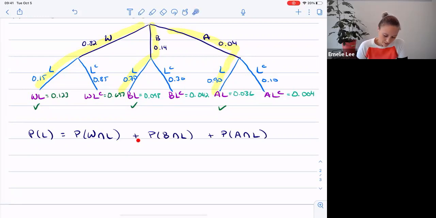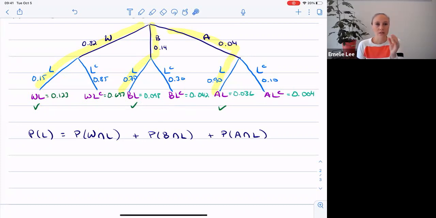How do I know that I'm adding here? Remember, as soon as you say or, you're going to be adding. When you put little check marks by each of these three, you're lactose intolerant if you're white and lactose intolerant, or black and lactose intolerant, or Asian and lactose intolerant.